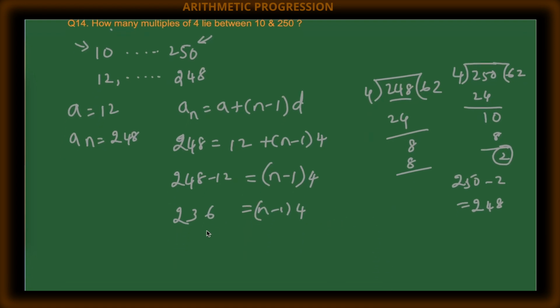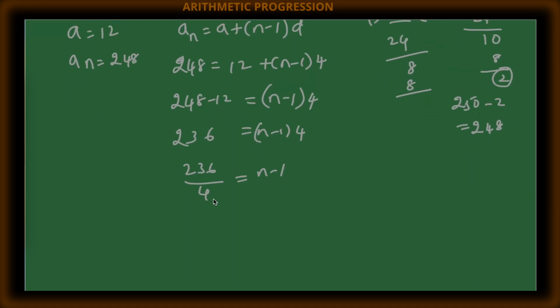Okay, so let's check. 236 is divisible by 4, and 4 goes in 59 times. So we got n minus 1 equals 59. Then this minus 1 goes across and becomes plus, so n is equal to 60. n is equal to 60.